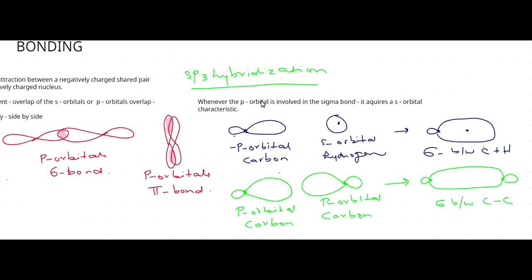The orbital is slightly altered in shape to make one of the lobes of the p orbital bigger. This happens due to mixing of atomic orbitals.